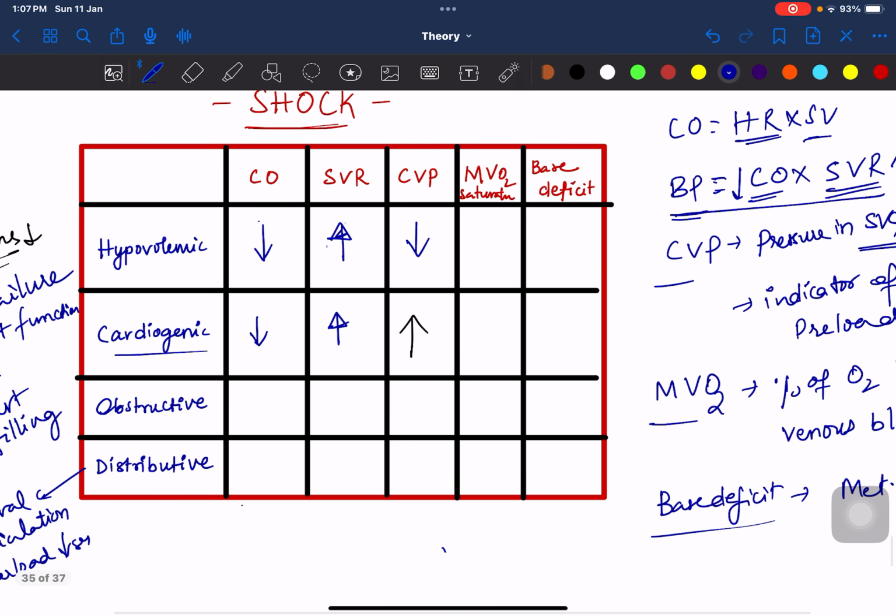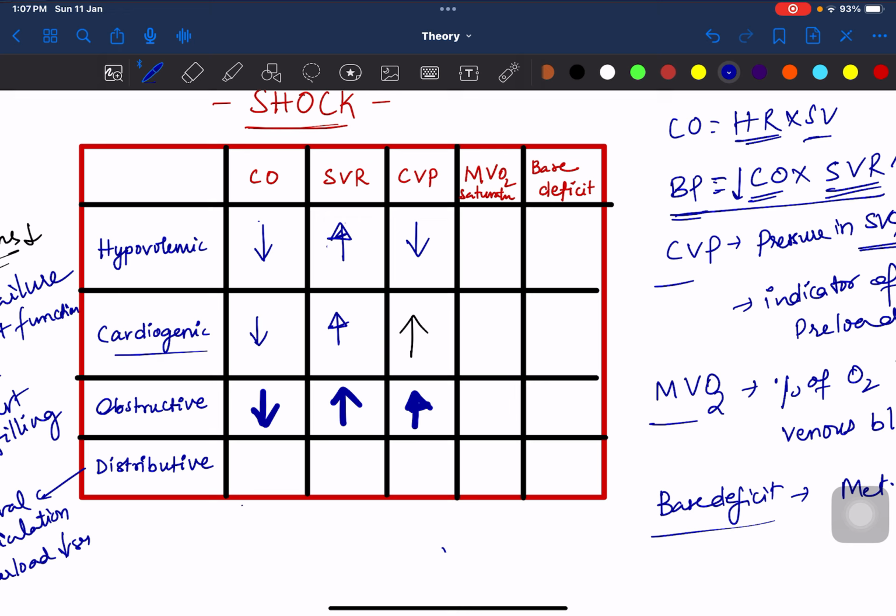So the central venous pressure again increases in obstructive shock. Again, because of the obstruction, the cardiac output decreases because the stroke volume decreases. Not preload; because of the obstruction, the stroke volume is less. So the cardiac output is less. So again, the systemic vascular resistance increases.